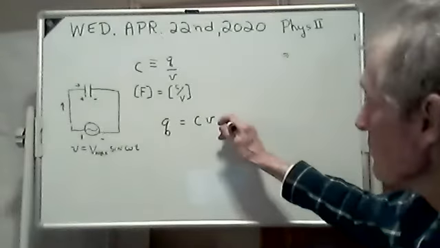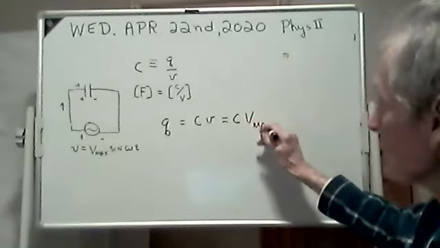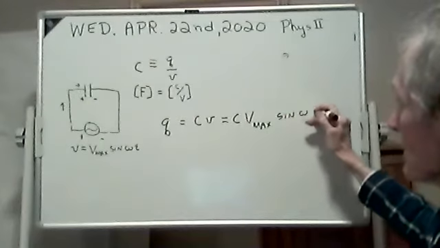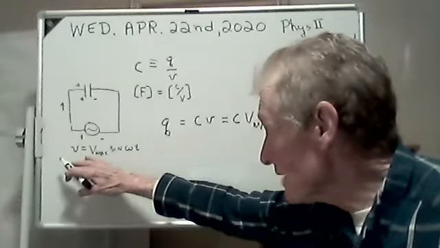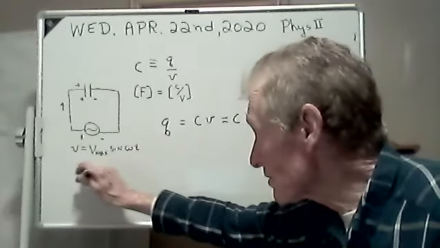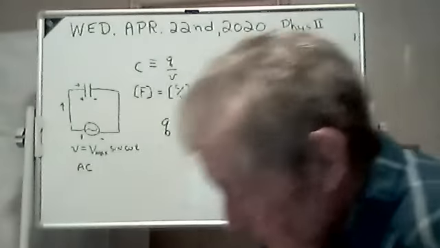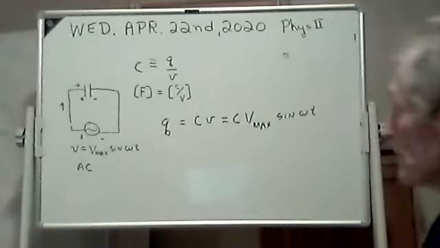And why don't we write this as C times V max sine of omega t, because that's what little v is. If you have an AC circuit, that's what an AC circuit does. It's a sinusoidal voltage applied to your circuit.